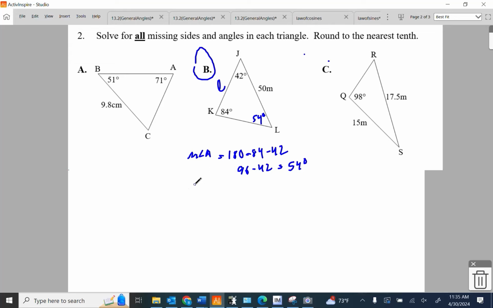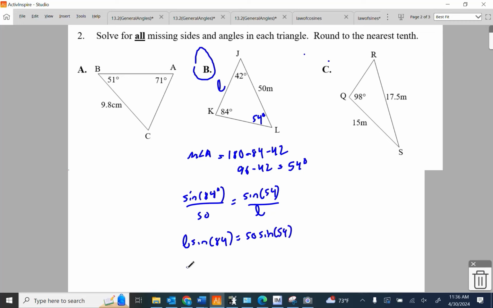There's my lowercase l. And here's the pair that's given. The sine of 84 degrees compares to 50 as the sine of 54 compares to L. And I do the whole cross multiplication thing. L sine 84 is equal to 50 sine 54. And I divide.